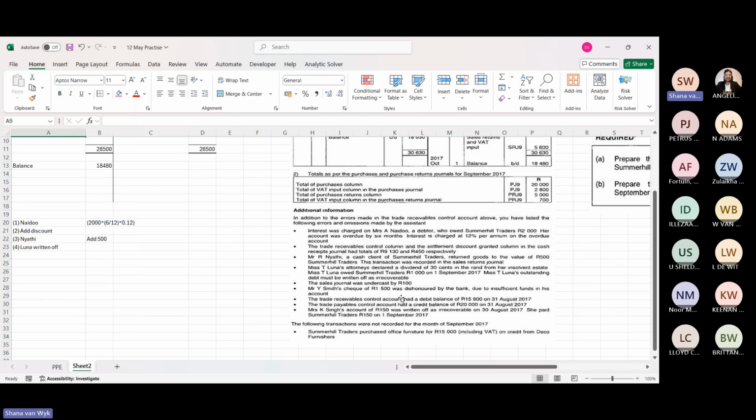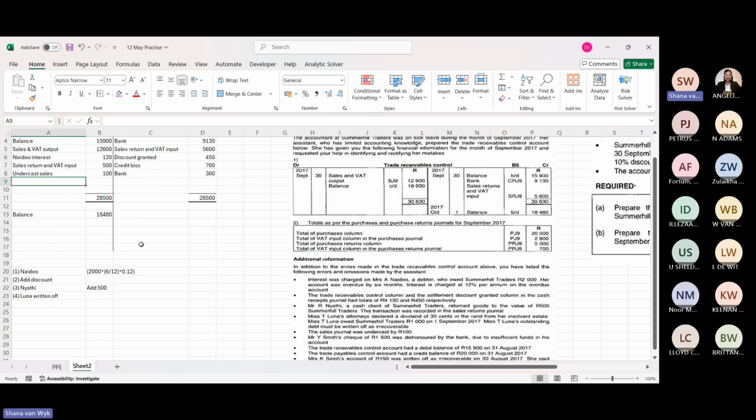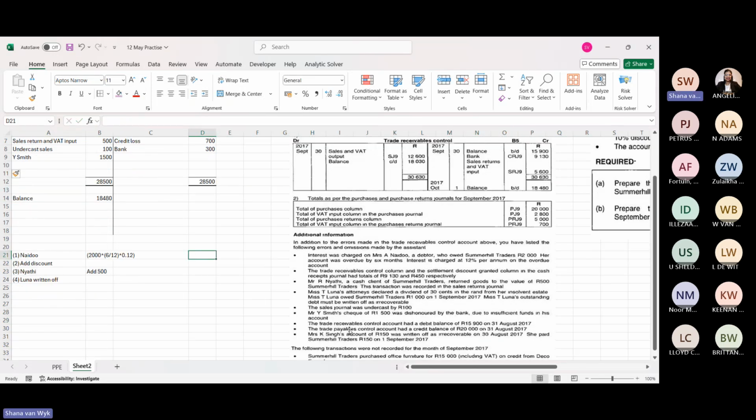Smith's check was dishonored by the bank due to insufficient funds. So we're going to add that to our debit side, 1,500. Trade receivables control account had a debit balance of that.